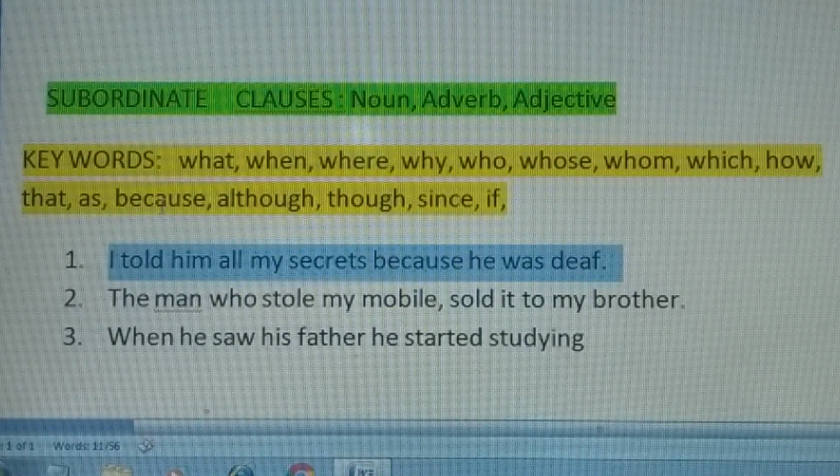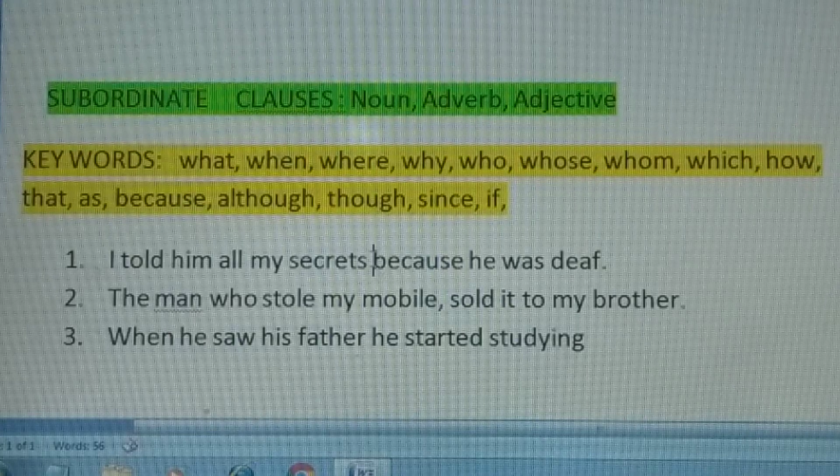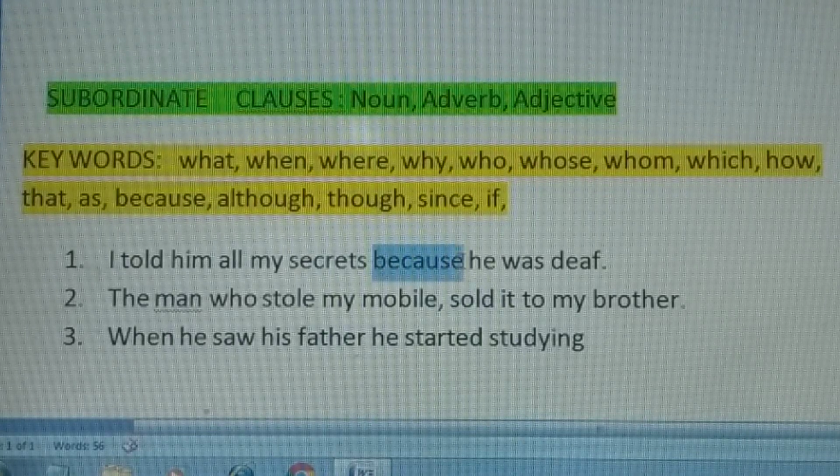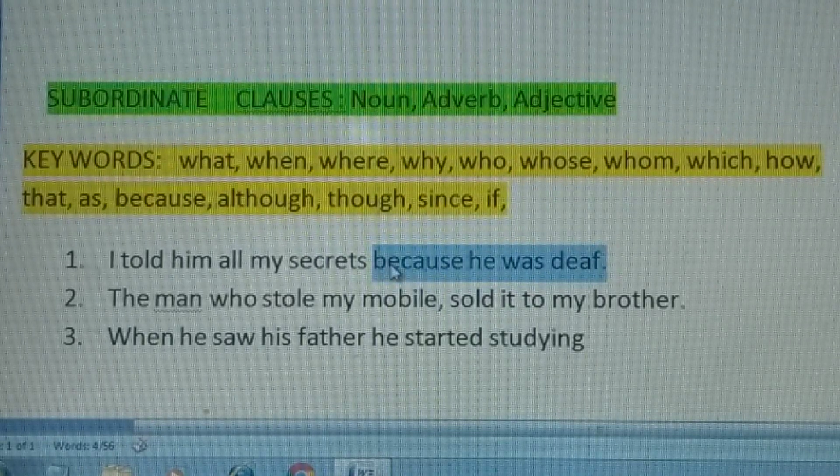Now, because is there. It simply means that the subordinate clause starts here, as I told you, and it will end here: because he was deaf. So, one word from this list helped you to identify the subordinate clause. Because he was deaf is our subordinate clause.